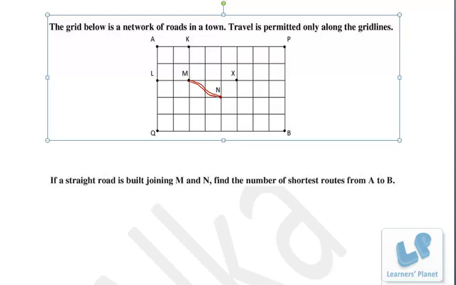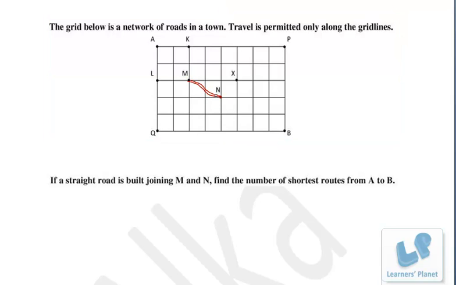Okay. So the shortest path will be, first of all, reach M, A to M, so that's 2 horizontal, 2 vertical. So 4C2, then from M to N, one way, then from N to B, 1, 2, 3, 4, 5, 6 steps.